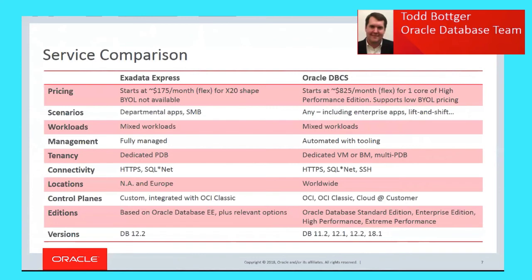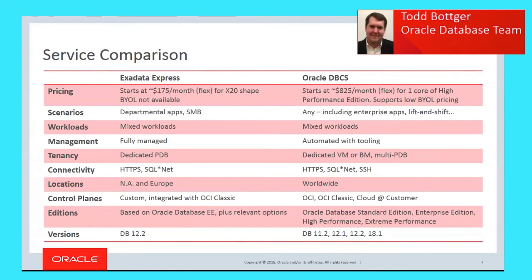And you have access to the host. So this is more of a fully dedicated environment, whereas Exadata Express is multi-tenanted in the sense that we have multiple containerized databases running in one pod, and there may be multiple customers on that pod. But each customer gets their own containerized or pluggable database.